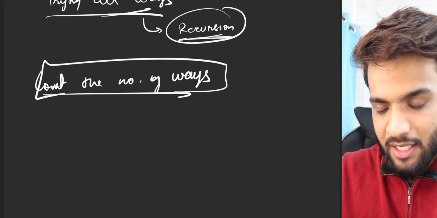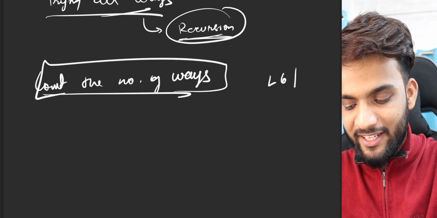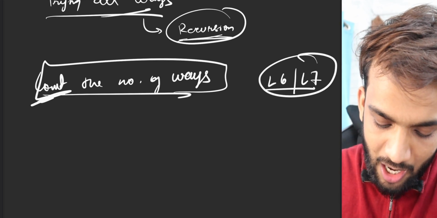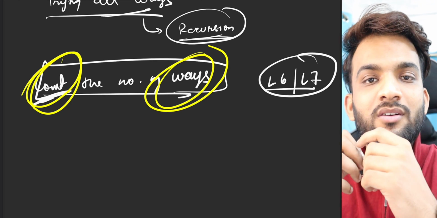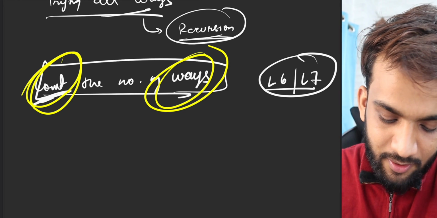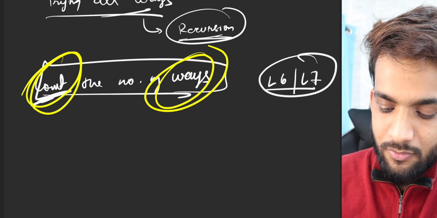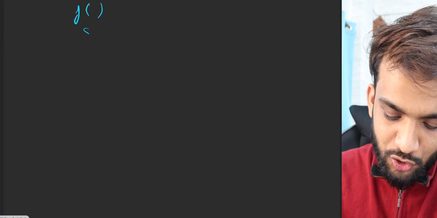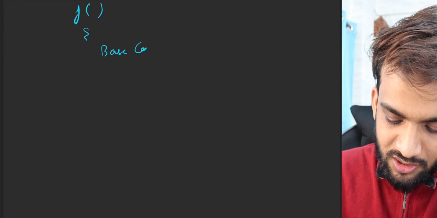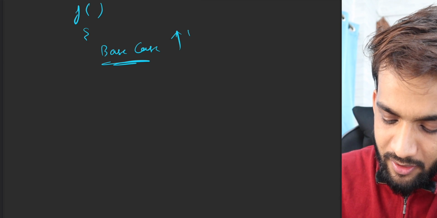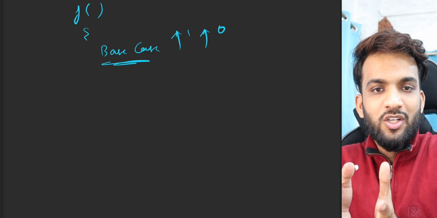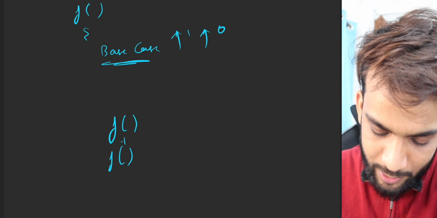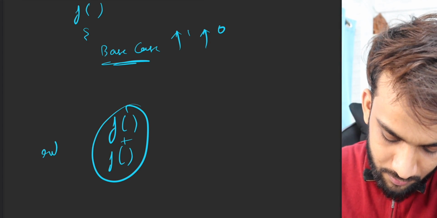Back to the recursion classes, lecture 6 and lecture 7 in recursion. Whenever there is something like count the ways, what do you think? Let's write down the pattern. It's generally a recursive function. The base case tends to return 1 or tends to return 0, because you're counting the ways, and you call all the functions and you add them up and you return.